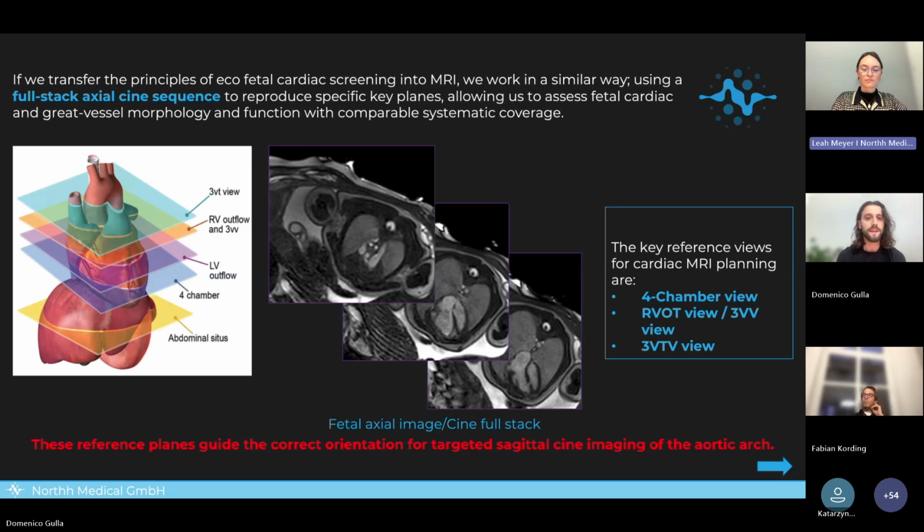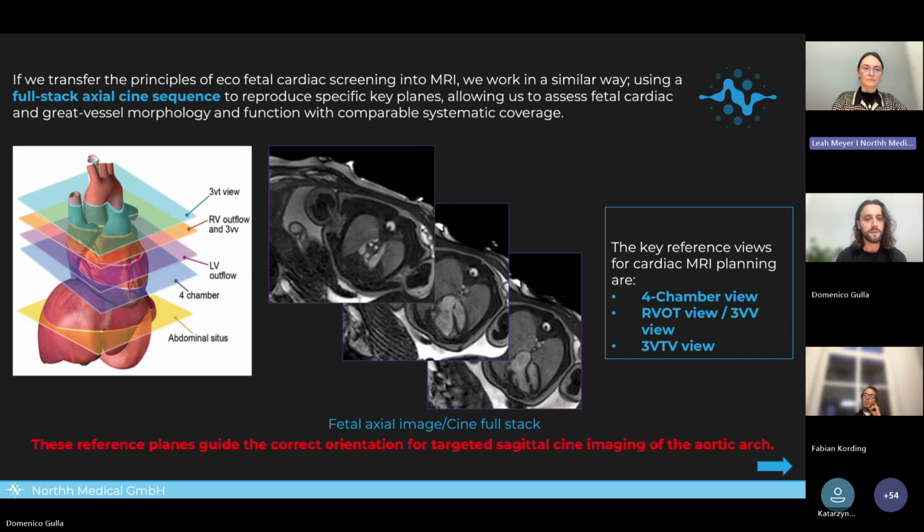If we transfer that to fetal cardiac MRI, we use full stack axial cine sequences to reproduce specific key planes, allowing us to assess fetal cardiac and great vessel morphology and function with comparable systematic coverage. The key reference views for cardiac MRI planning are the 4-chamber view, RVOT, 3-vessel view, and 3-vessel trachea view.